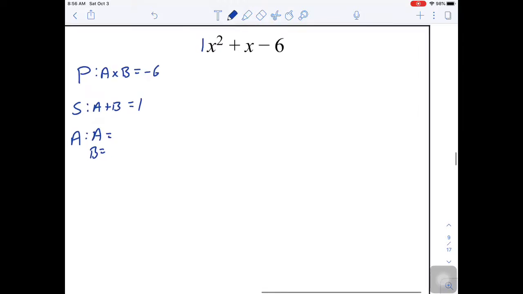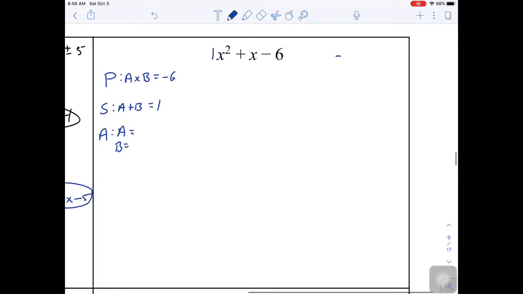Okay, so again, we could list all of negative 6's factors. So that'll be plus minus 1, plus minus 2, plus minus 3, plus minus 6. Okay, now we could test all of these and see what happens. So like, we know that negative 1 times 6 gives us negative 6. So let's try that.